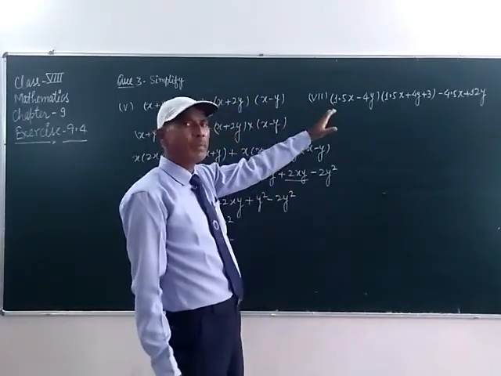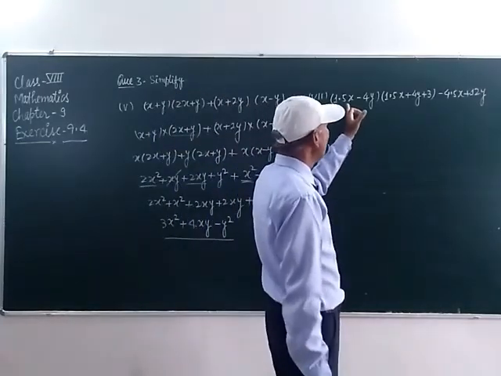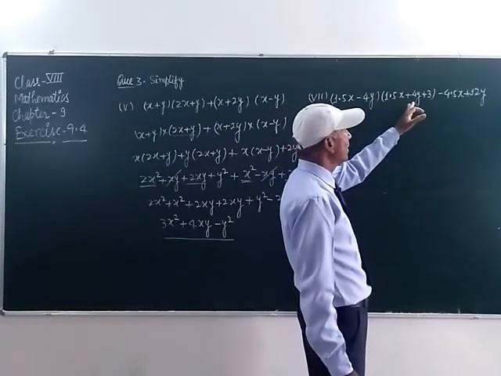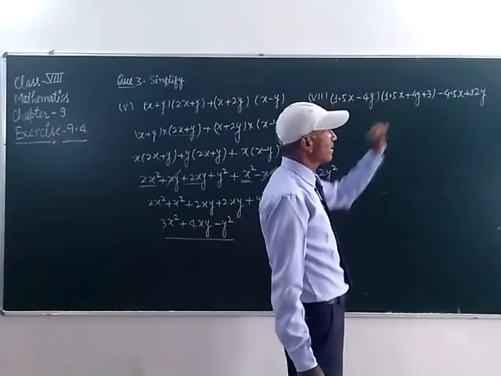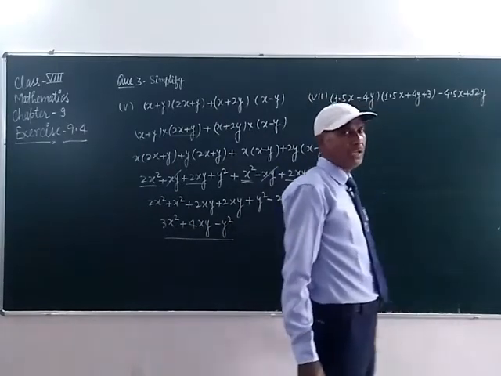This is the 7th part of the question, and in this it is (1.5x − 4y) multiplied by (1.5x + 4y + 3) minus (4.5x + 12y) student.